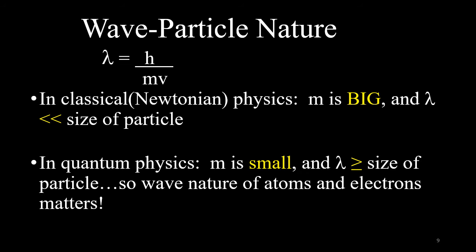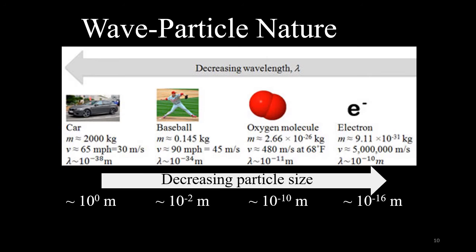However, in quantum physics, where we're talking about inside the atom, electrons, atoms, molecules, things like that, now the mass is very small. So when you put a very small number in there for mass, you don't get a teeny tiny lambda or wavelength. Now your wavelength is greater than or equal to the size of the particle. So the wave nature of atoms and electrons really matters because they're on the same scale. The wave nature of baseballs and airplanes and you and me doesn't really matter very much.